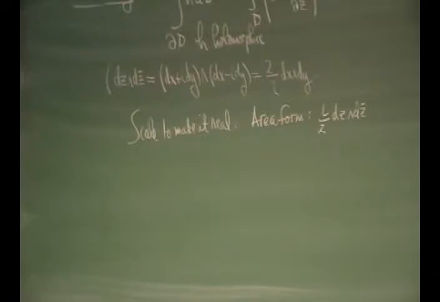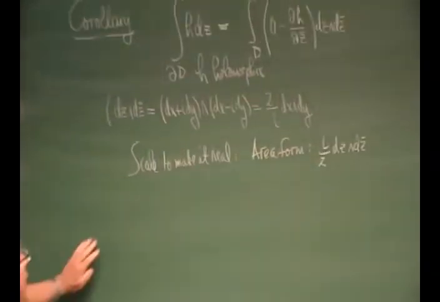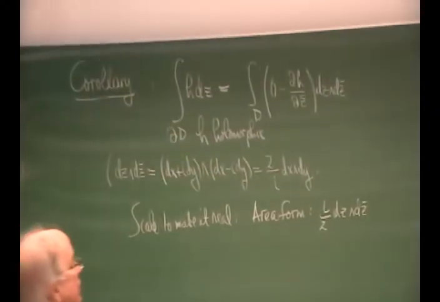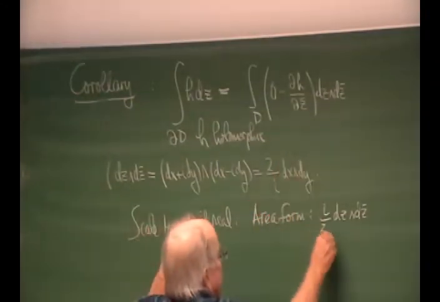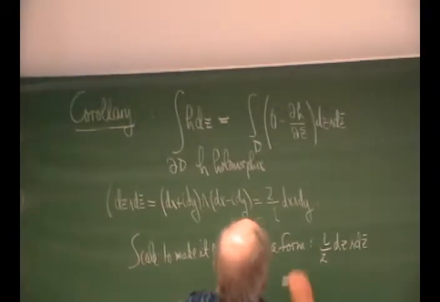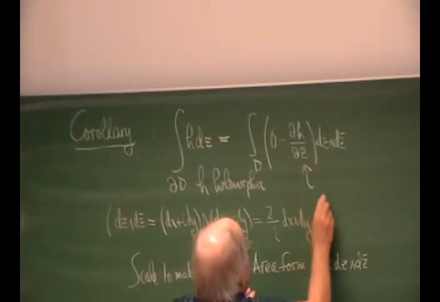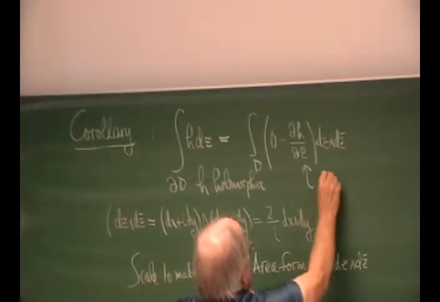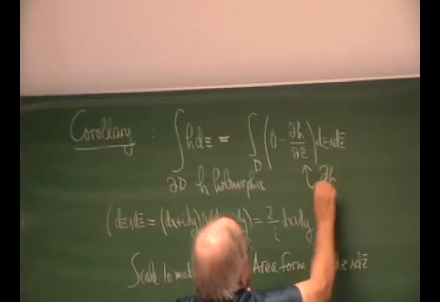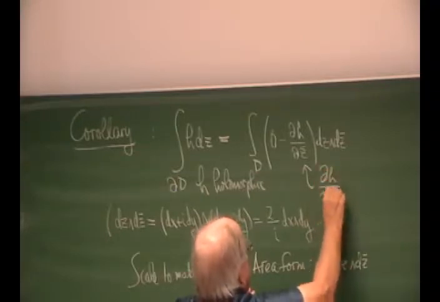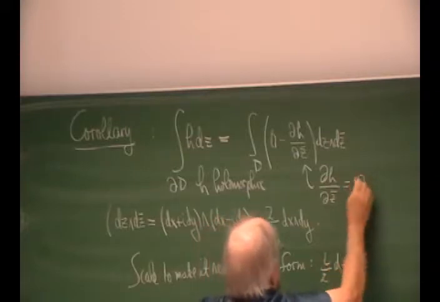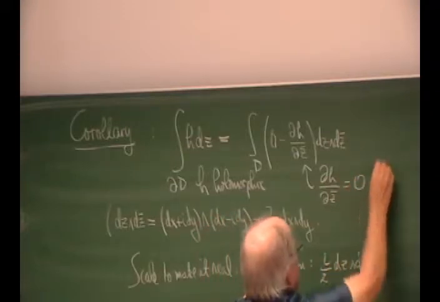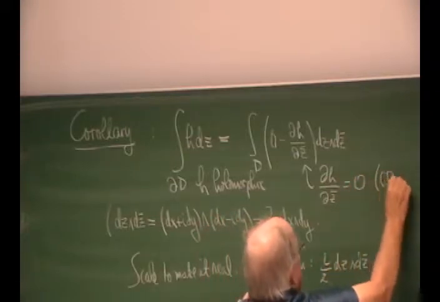written in complex form. And now this is more or less area, I just had to scale it. And now what happens if this thing is holomorphic? This thing is the Cauchy-Riemann equation. So if you take the partial derivative with respect to z bar, it is equal to 0 because of holomorphicity. This is the Cauchy-Riemann equation.